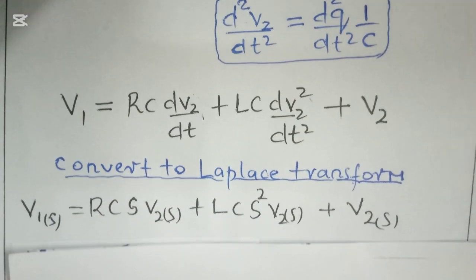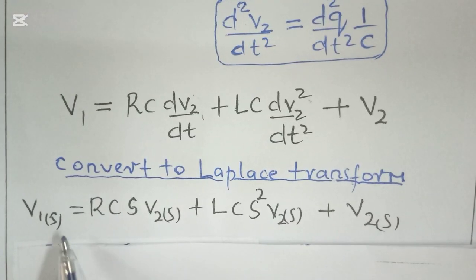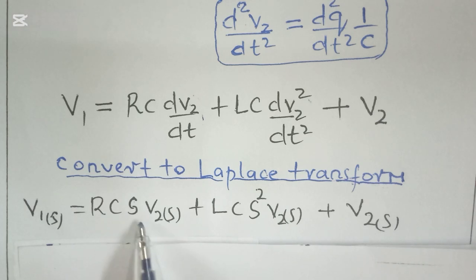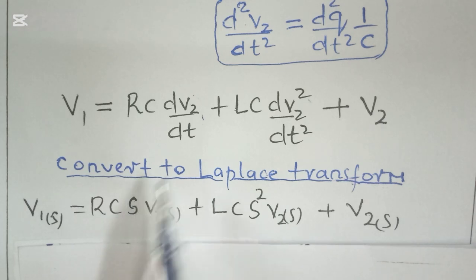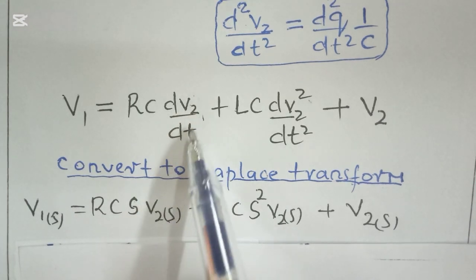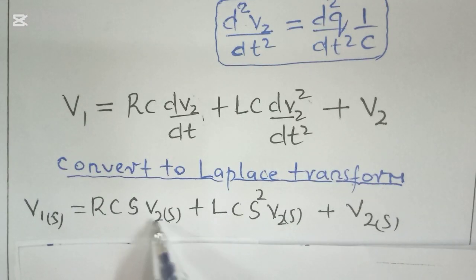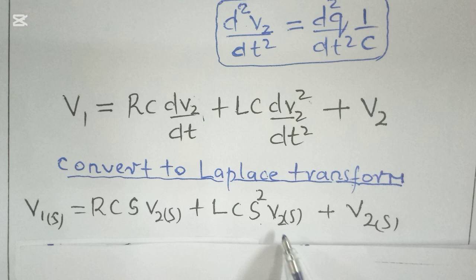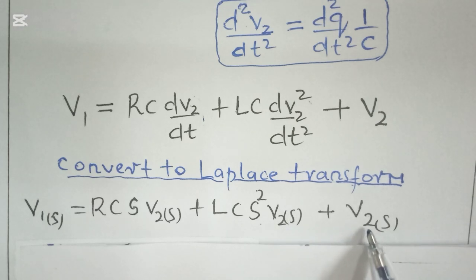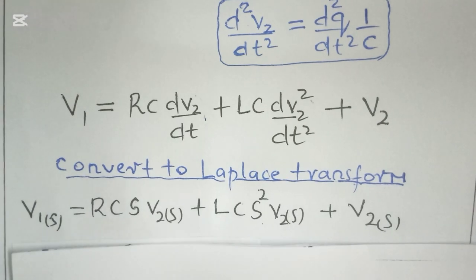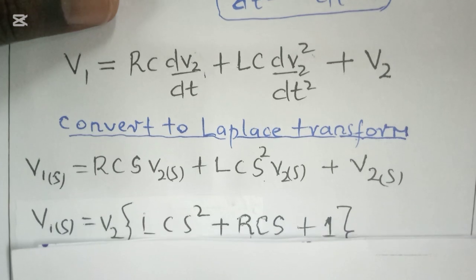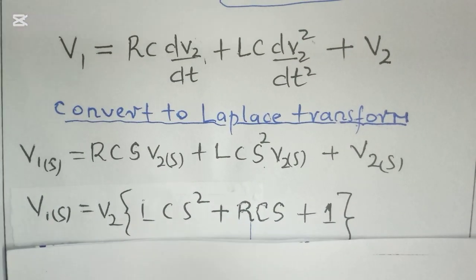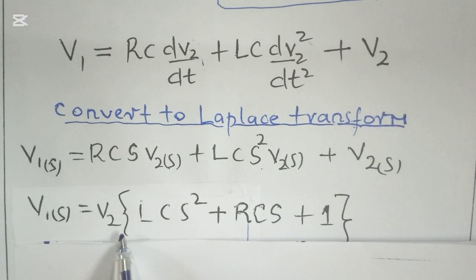Taking the Laplace transform, we shall have V1(s) equals RC times the Laplace transform of dV2/dt, which is sV2(s), plus LC times s squared V2(s), plus V2(s). We can now factor out V2, and we find it like that.